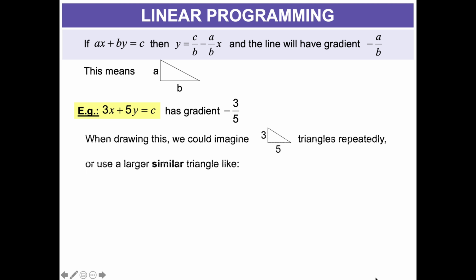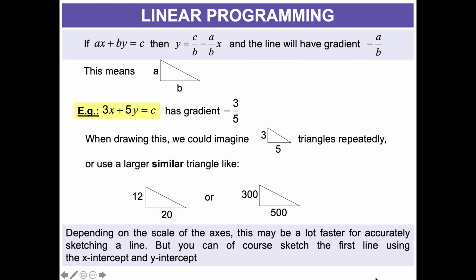You can sketch the little triangle, 3 units on the y-axis and 5 units on the x-axis, but you can obviously use a larger similar triangle. You can use 12 and 20 if you multiply both by 4. Everything depends on the scale you are using in your graph. You can also use 300 and 500 if that's your scale on the axis.